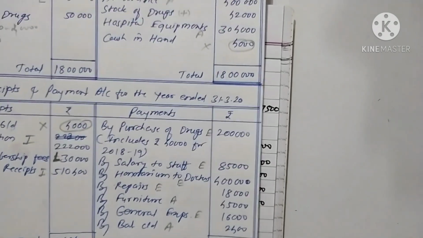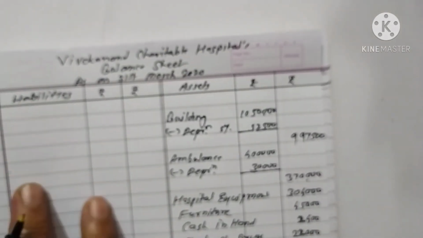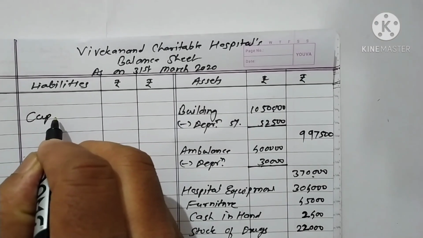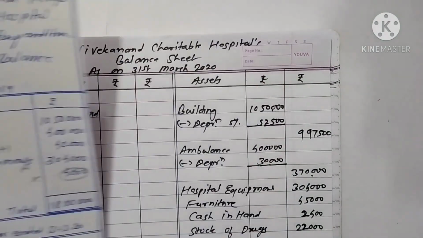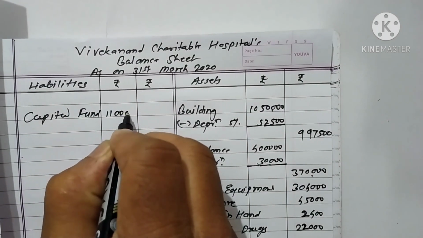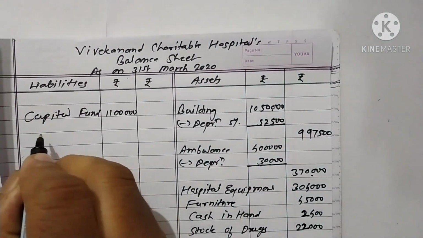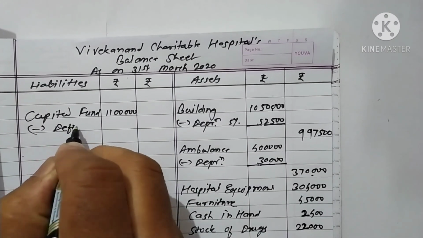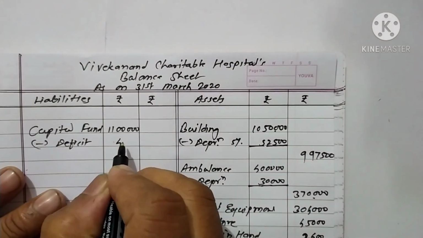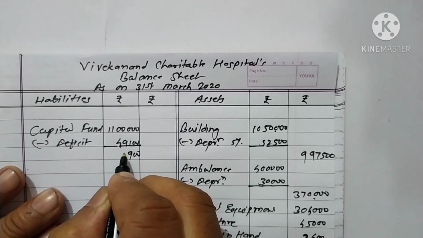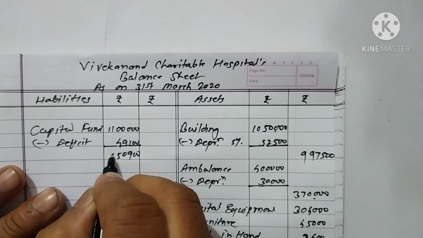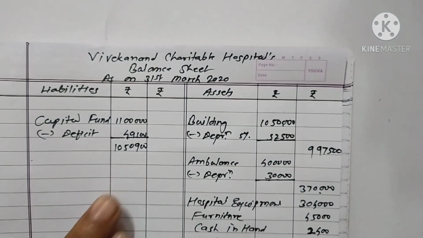Okay, now we go to the liability side. We write first the capital fund, rupees 11 lakhs. We have to subtract the deficit, rupees 4,900, which gives 10 lakh 95,100.